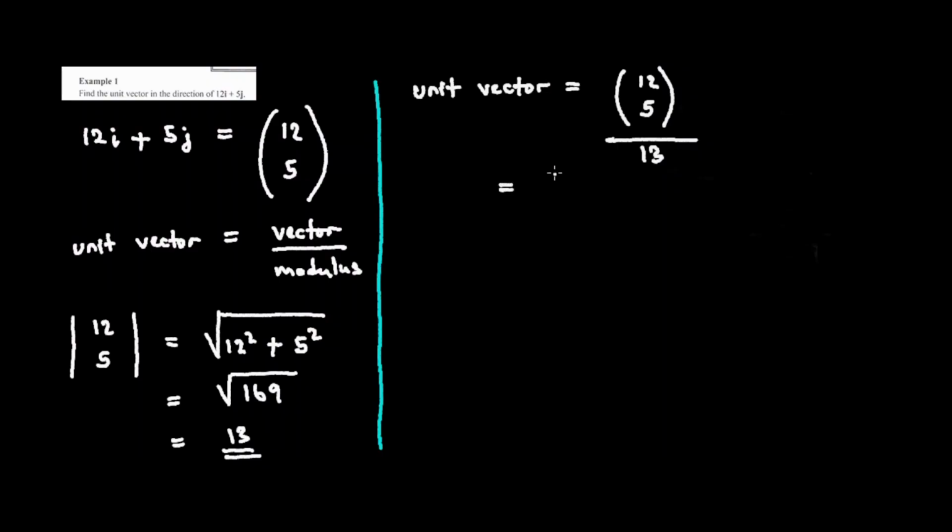We are going to write this as 1 over 13 times (12, 5), which eventually kana tikada kuita factor in ingeri 12 over 13, 5 over 13, like that.